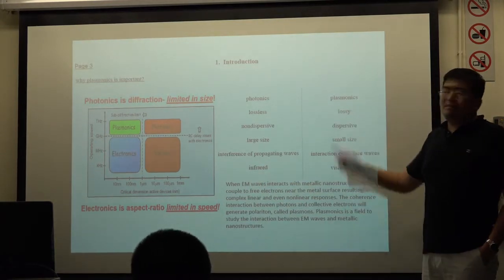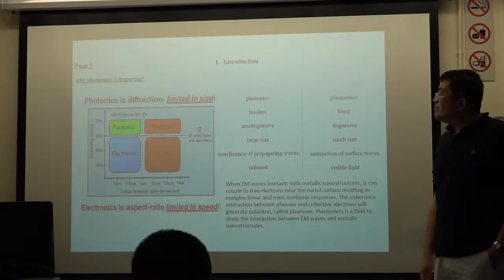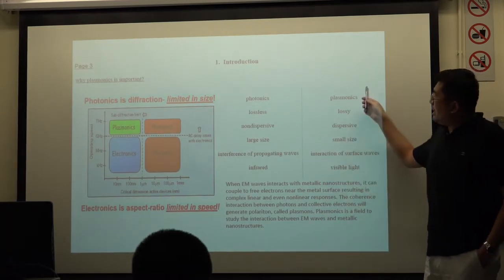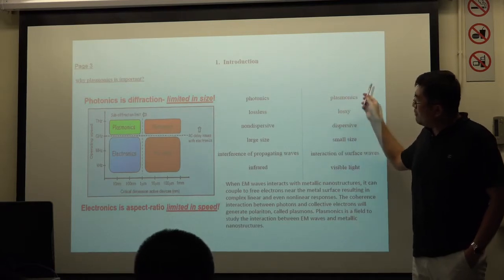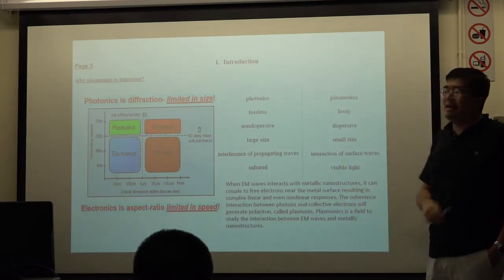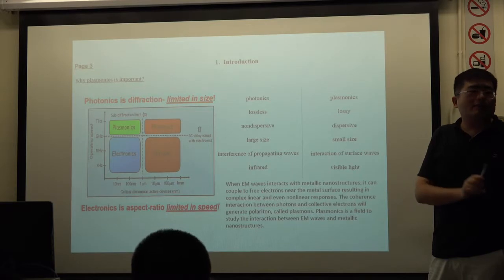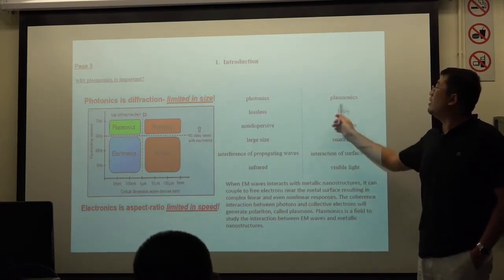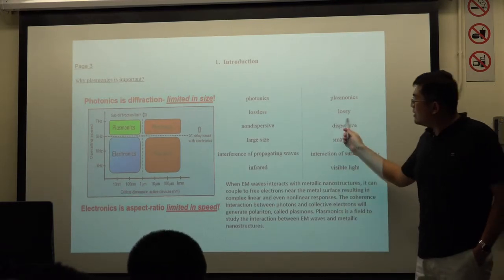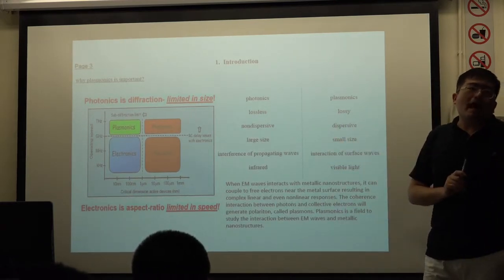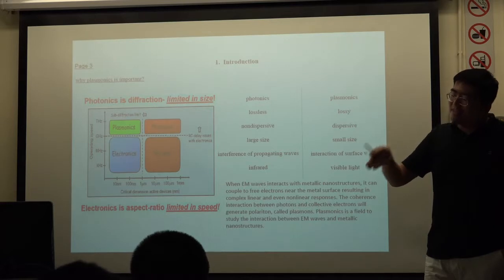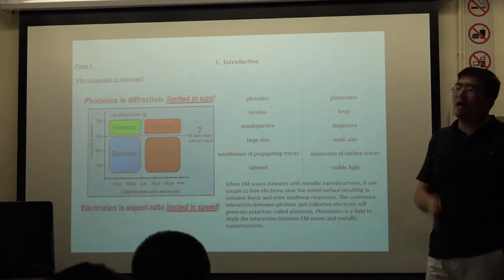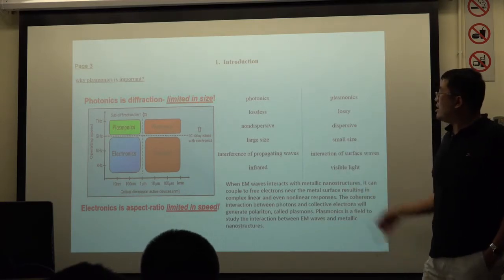How about plasmonics? Quite different. Plasmonic is lossy because of metal. Plasmonics typically happens in the visible light regime, with normal metals like silver and gold. It is a very lossy material. This is a big issue. It is also very dispersive, meaning different wavelengths have different permittivity, and the permittivity is a complex number because of loss.